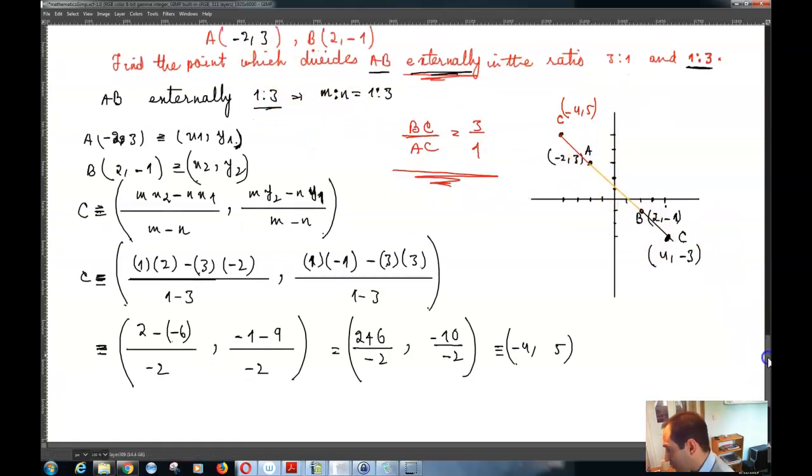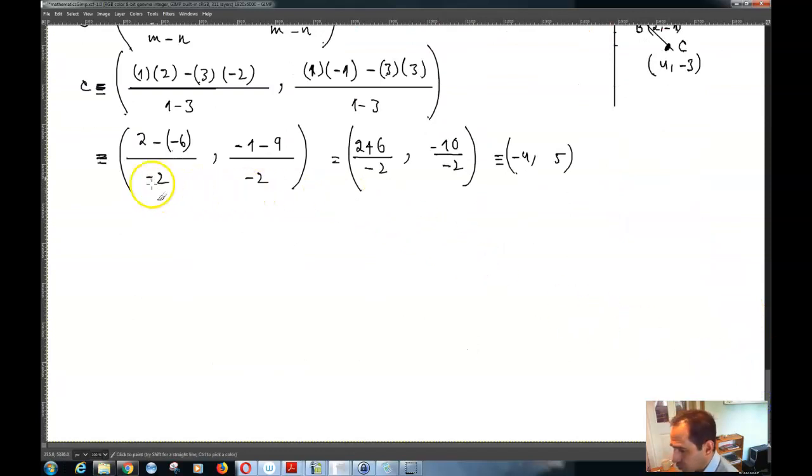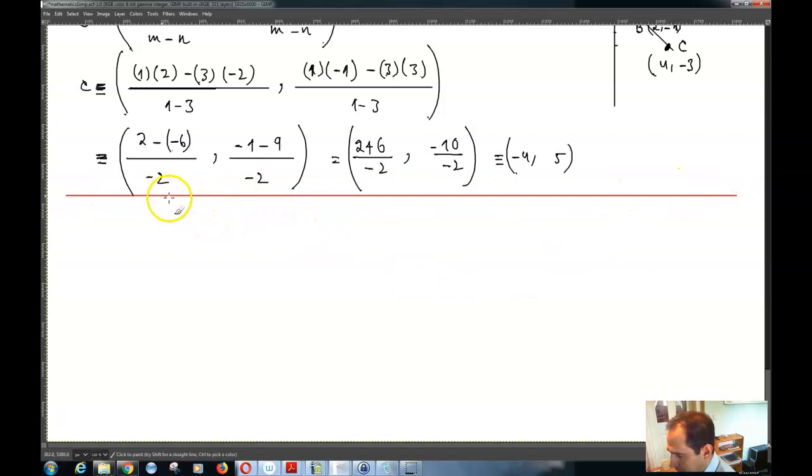Basically there are simply two simple formulas that you need to learn.